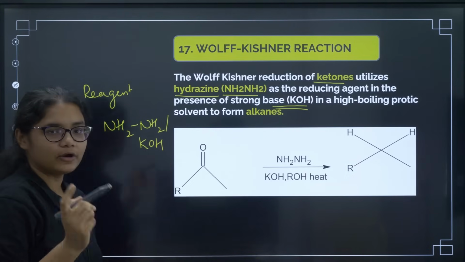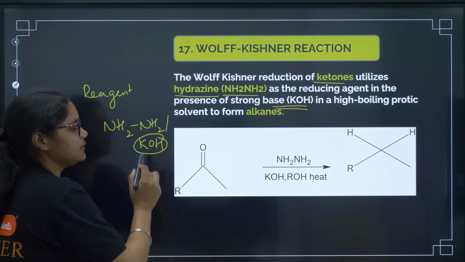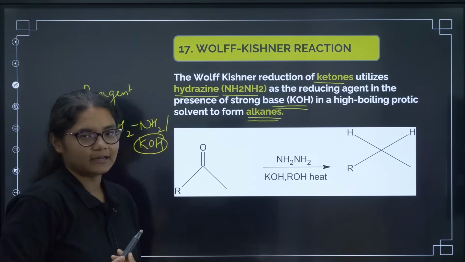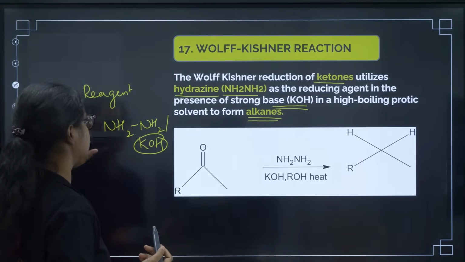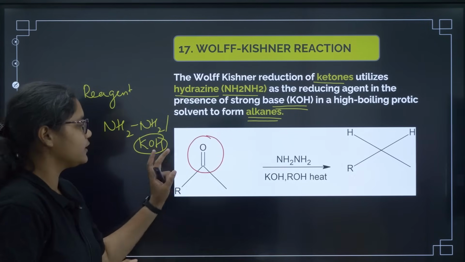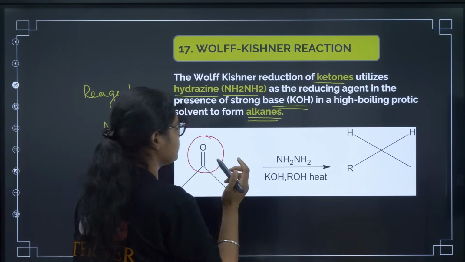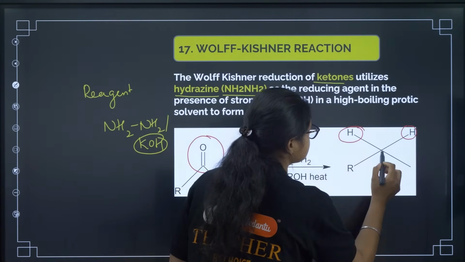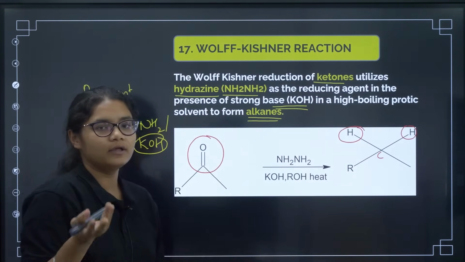The point you have to remember is this reaction takes place in basic medium, and the major product formed will be alkane. As you can see in this example, this is the ketone or carbonyl group. In presence of hydrazine, the oxygen is removed and hydrogens get attached to this carbon to give you alkanes.